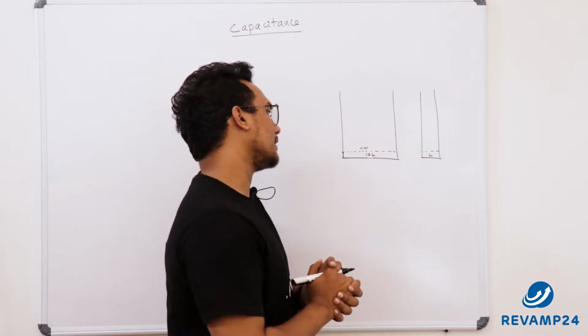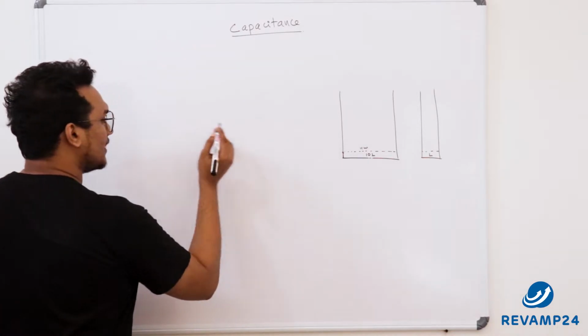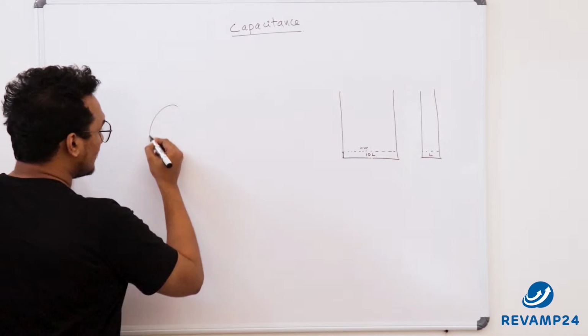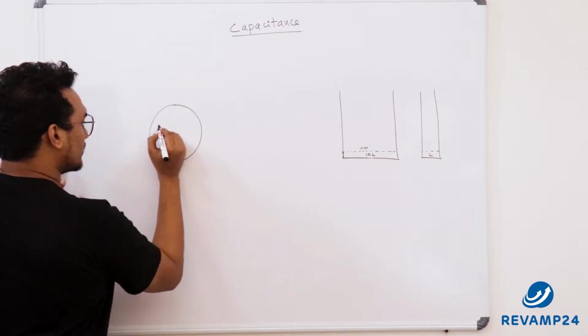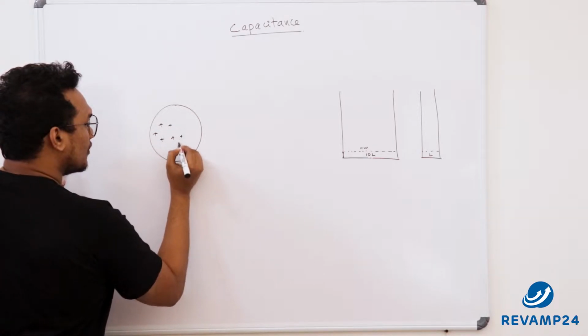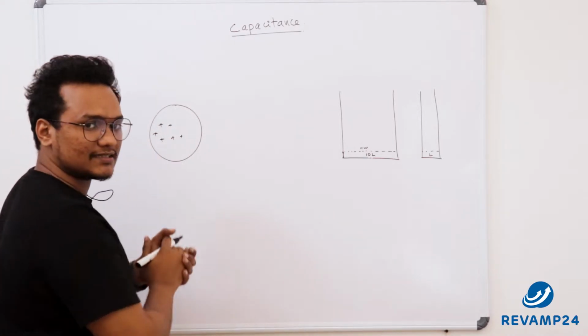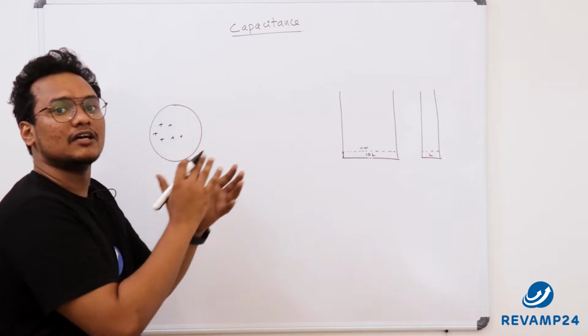Similarly, when we are storing charges, let's say in the case of a sphere, I keep on storing positive charges. Whenever we increase the charges here, there is a rise in potential.